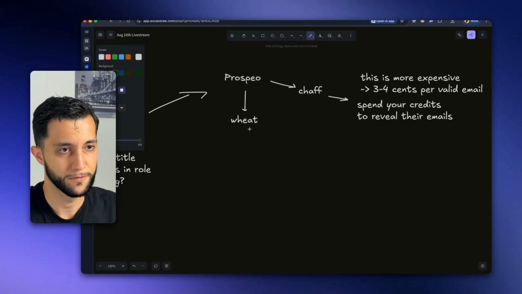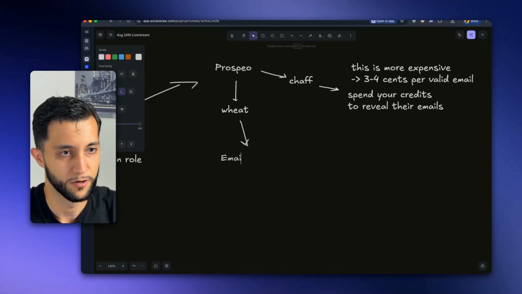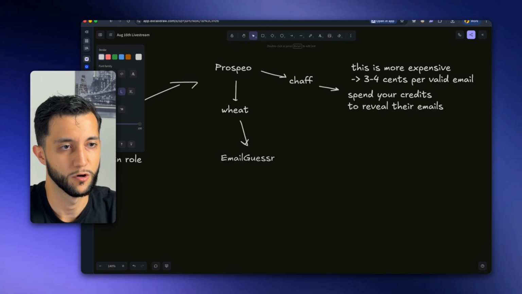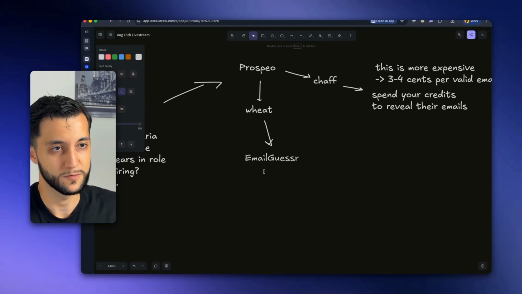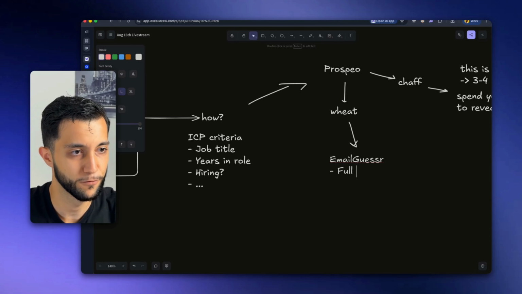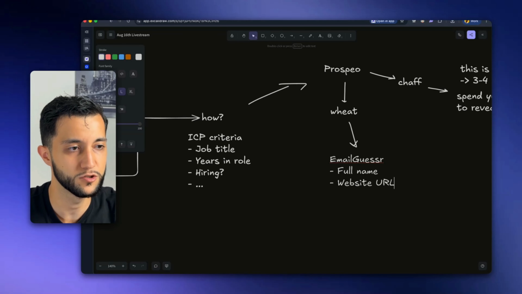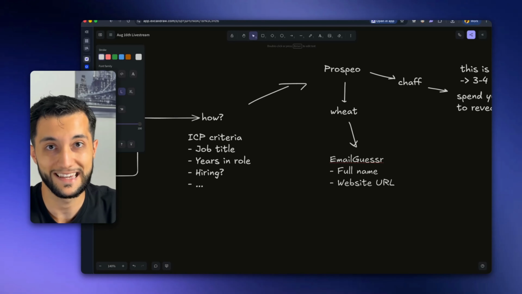And then you have the thing that we're doing. We have our internal email guesser. I just called it that because I didn't have a better name. What we do is we find these people with their job titles, etc., and then we get their full name, and we already have the website URL of that specific person. And with those two things, guess what we can do?